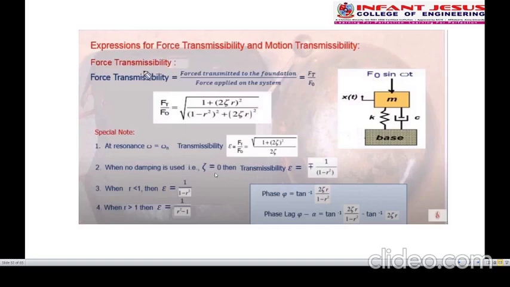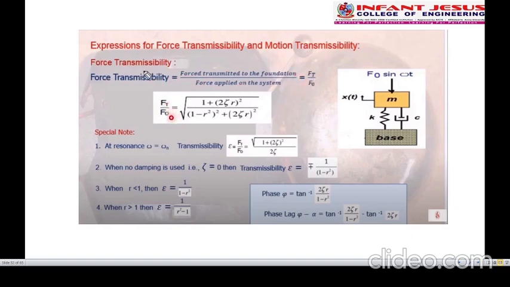Here there are some formulas for force transmissibility and motion transmissibility. The formula is enough for us; the derivation is not needed. Force transmissibility is the force transmitted to the foundation, Ft, by the force applied on the system, F0.